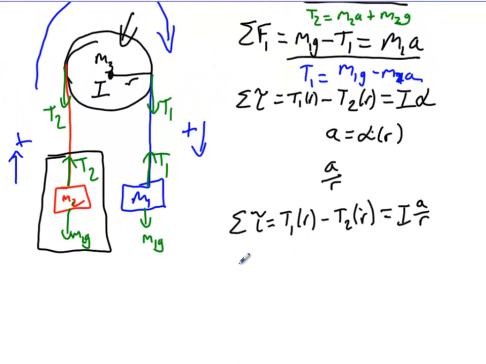T1 is M1G minus M1A, times R. And that's this R right here. Minus M2A plus M2G, times R, equals I times A over R.